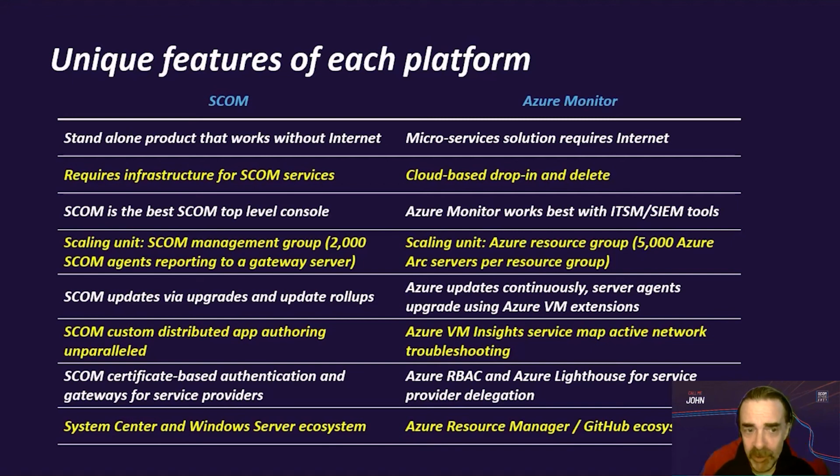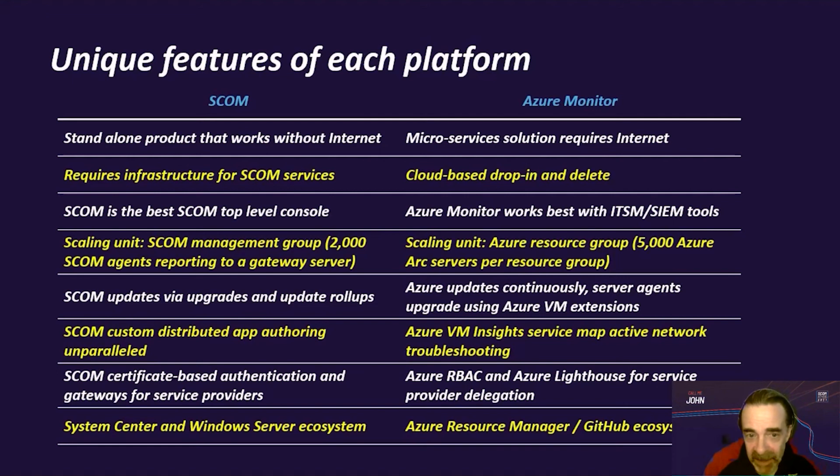SCOM works great as a top-level console because the SCOM console is optimized for large volume processing, whereas Azure Monitor, in my opinion, works best with ITSM and SIEM tools, where Azure Monitor is providing an alert stream to another system.